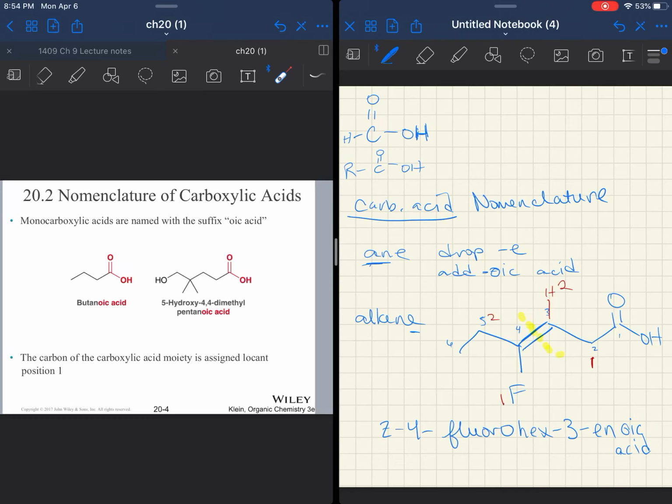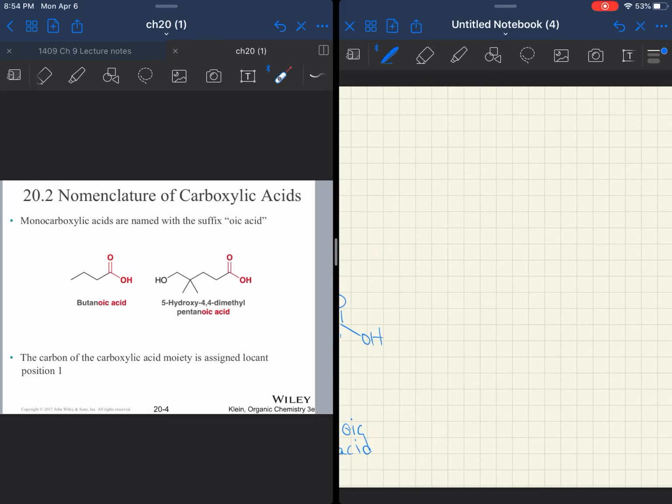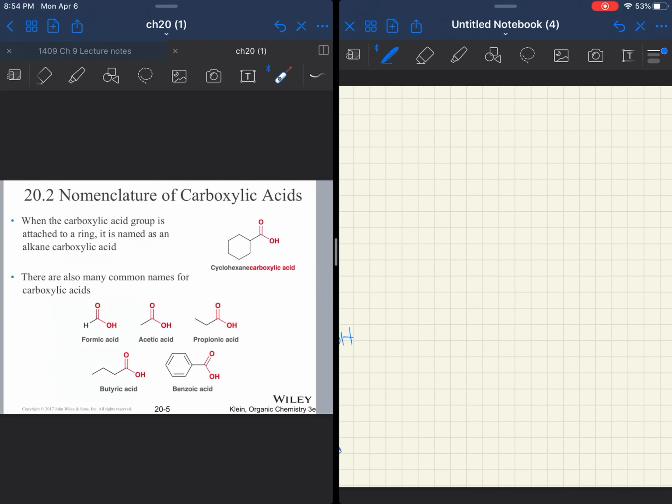So we're going to put Z out here in front. This is a Z-4-fluorohex-3-enoic acid. You still have to know your stereochemistry. E and Z, R and S. It won't make or break you, but it will be necessary if you want all the points on an exam.